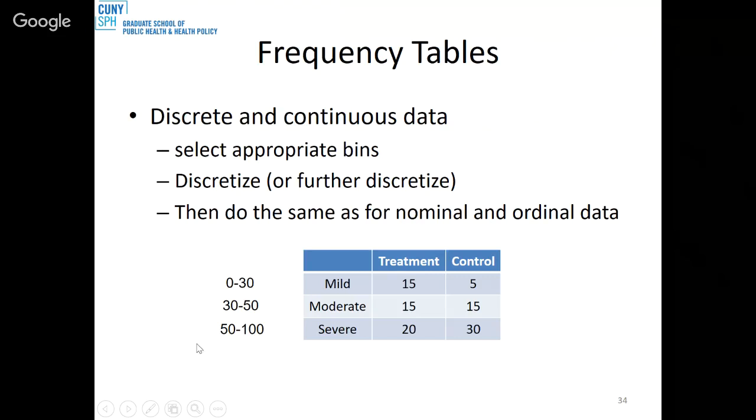So if we can imagine, instead of just asking patients, is your pain mild, moderate, or severe, we instead had a questionnaire that involved very specific questions about the pain, like how often you feel pain, rating that pain on a scale, describing it as, is it stabbing, is it dull, things like this, and then combined all of that into a score from 0 to 100, that would be a discrete variable that we could then potentially discretize into these 3 bins of mild, moderate, and severe to make into a frequency table.